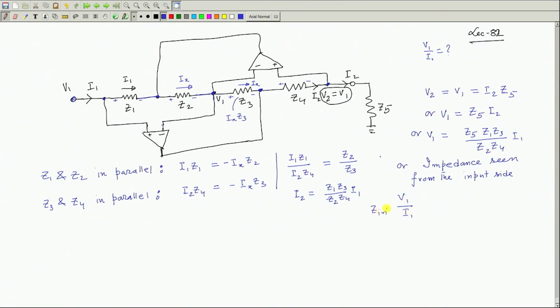Let me call it Zin, and that value is equal to Z1 Z3 Z5 divided by Z2 into Z4. That is all. This is the result.